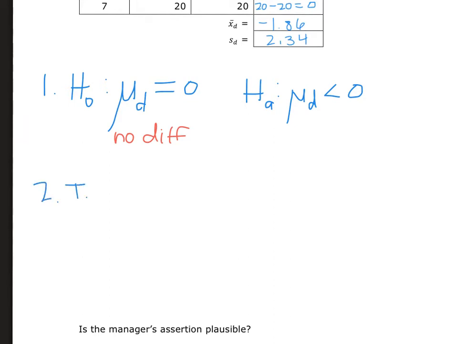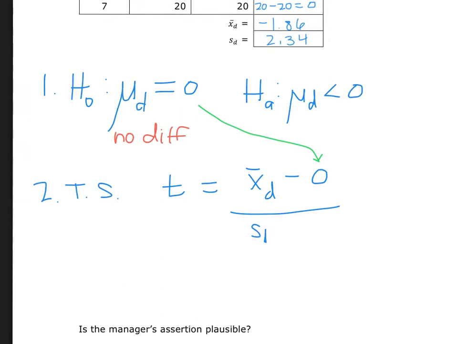Our test statistic in general is T equal to X bar sub D, the calculated mean, minus 0, that value of 0 from the hypothesis, divided by the standard deviation of the differences over the square root of the sample size.